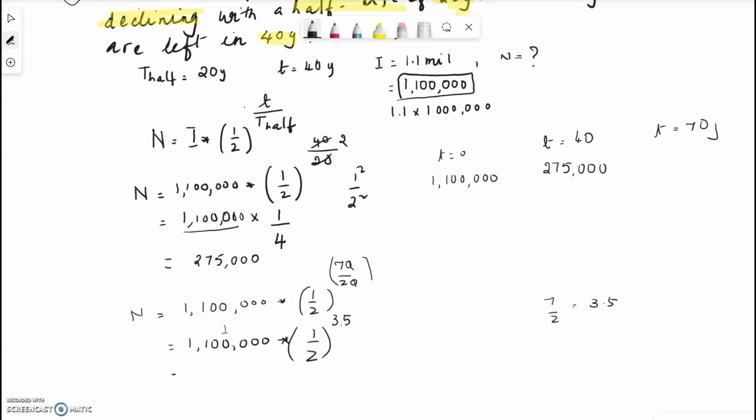Since we're counting animals, I'm going to round it to a whole number, and that is 97,227. That's what the population is, 97,227. So notice this change. Look how quickly the population of this particular species is declining.